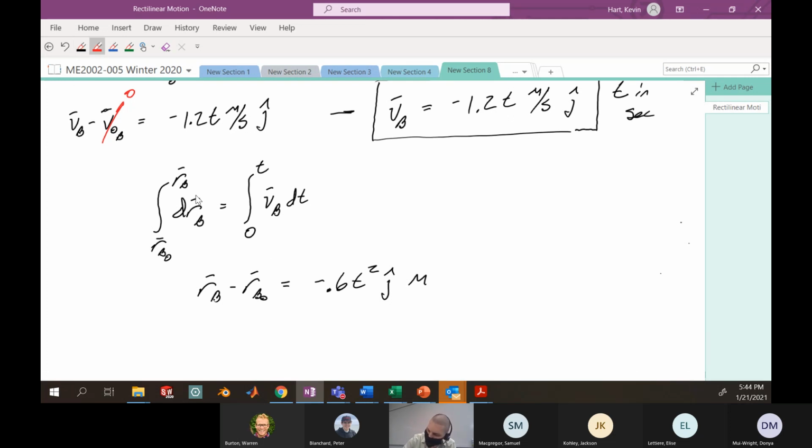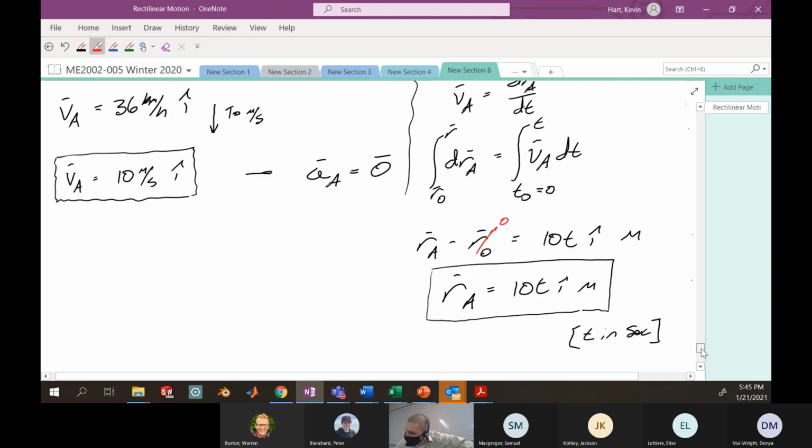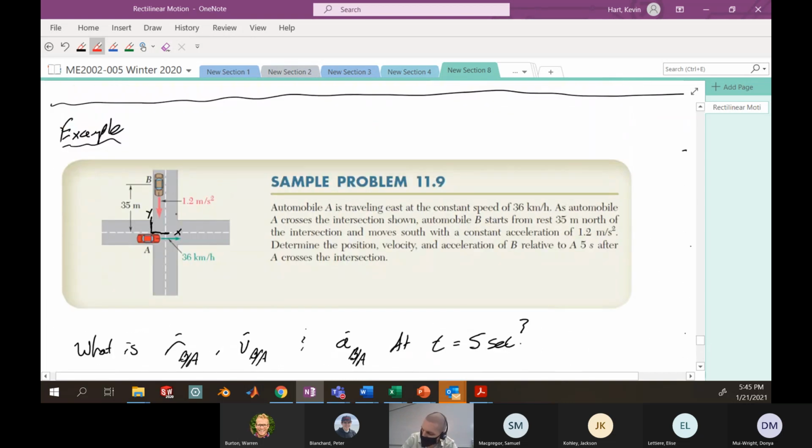I need to reconcile my integration constant of the initial position of car B. And remember, we're talking about the fixed coordinate system. Going back up to my problem, I have my fixed coordinate system here. So we see in the problem, car B originates at a location 35 meters away from that fixed coordinate system. So my initial position of car B is just 35 meters in j hat.